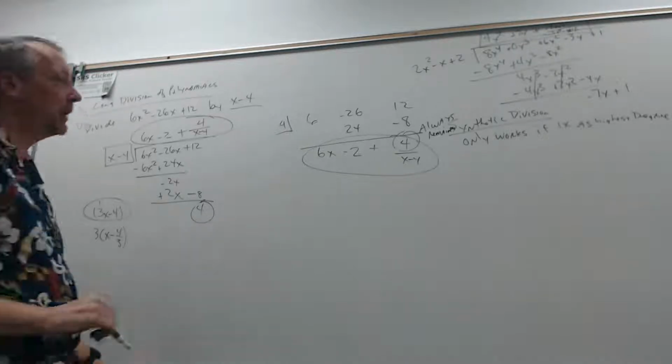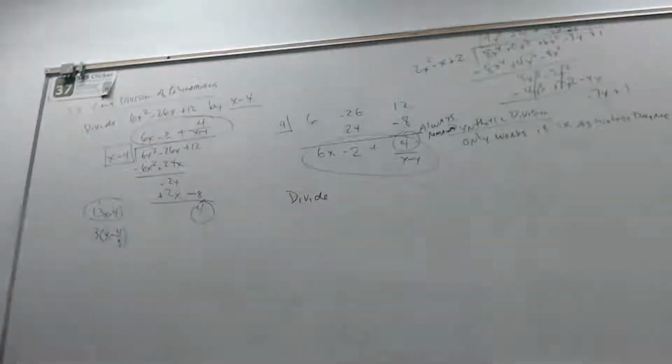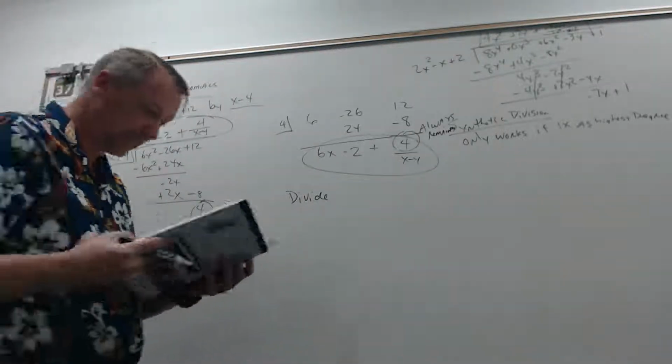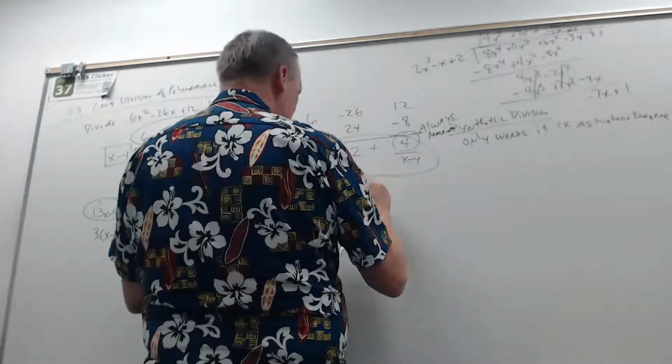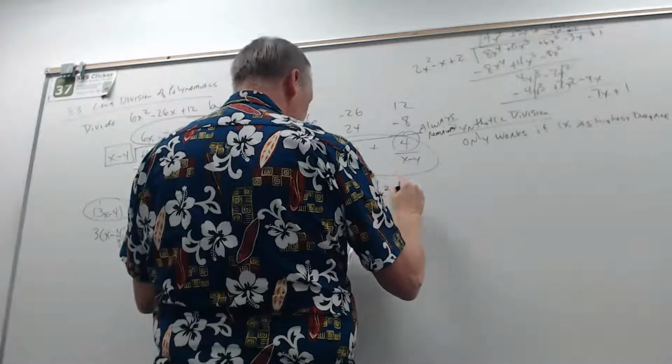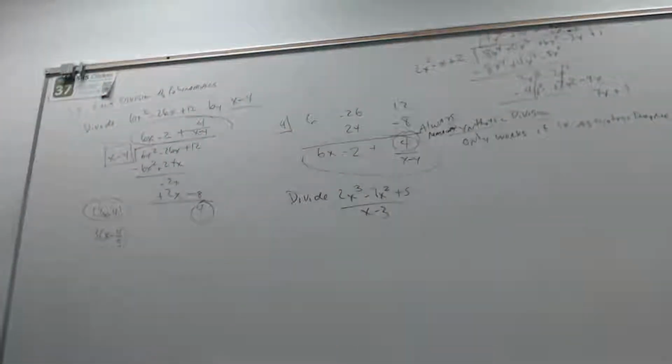I want you to divide 2x cubed minus 7x squared plus 5 divided by x minus 3. And I want you to use synthetic division. Do I have a volunteer? Stephen. Okay.